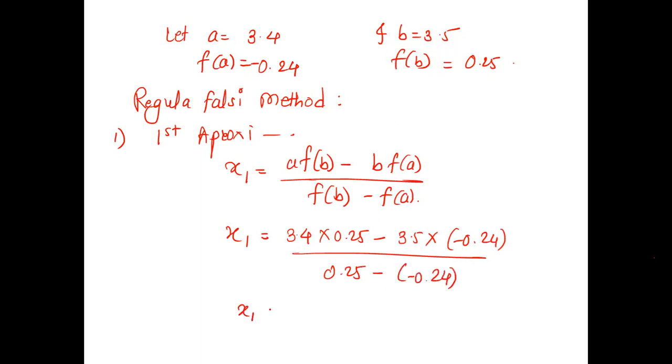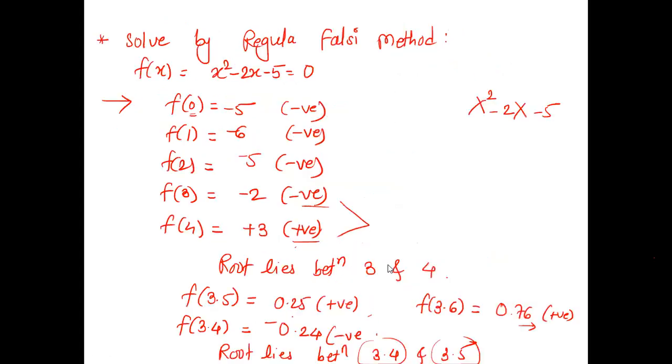I think we have solved this. What was the value? 3.448979. So here you can write: solve by the regula falsi method. They will give you a requirement like correct up to 4 decimal places, or 6 decimal places.